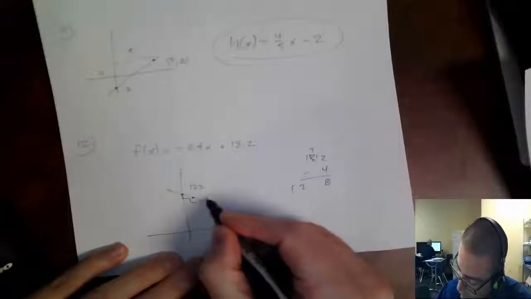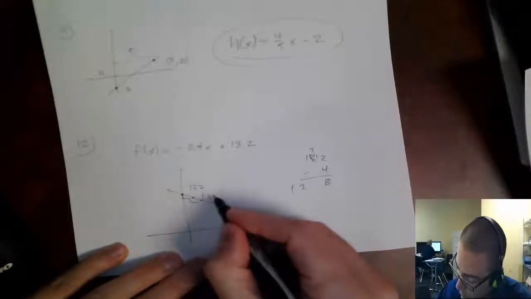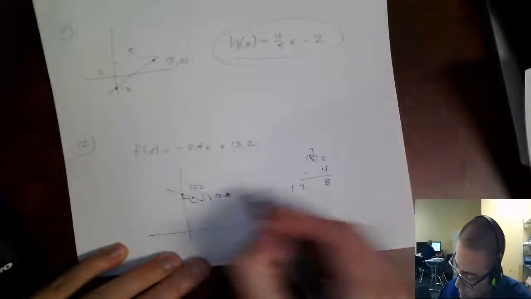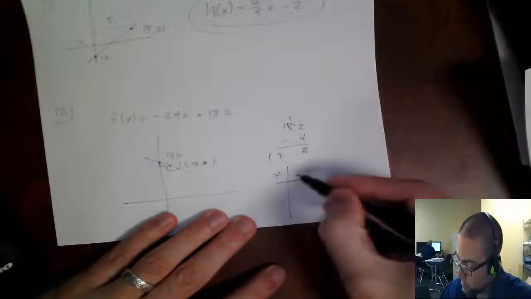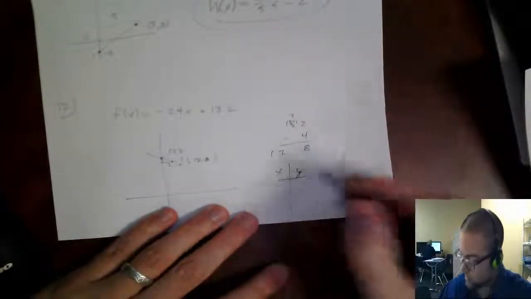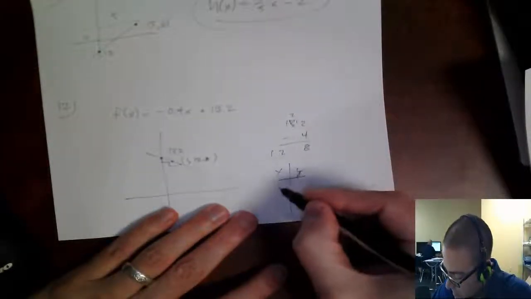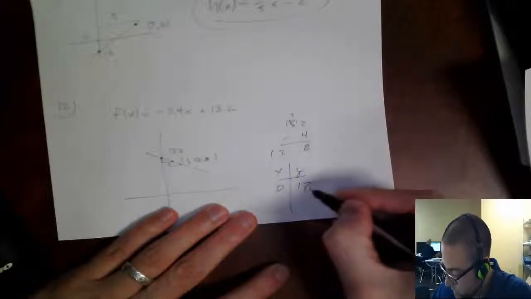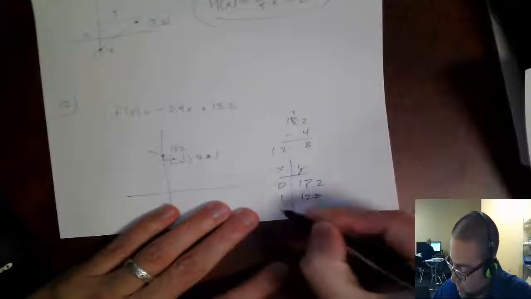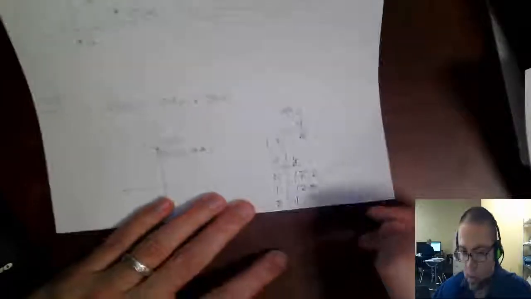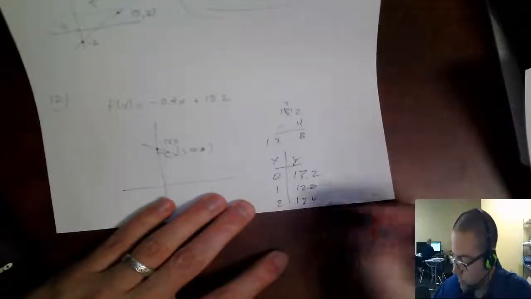So this point right here would be 1 comma 12.8, and maybe if I made a table, I know this is supposed to just be the graph, but I sometimes can't help myself. I like to use the numeric as well. So 0, 13.2 was 1 point, and then it's 1, 12.8, and then it would go down again by 0.4 to 12.4.